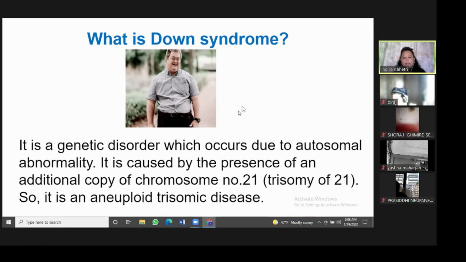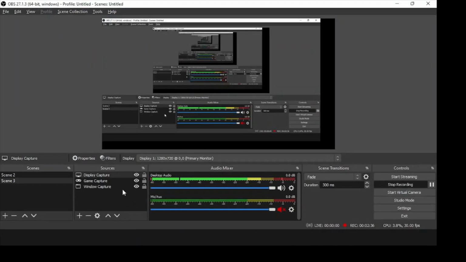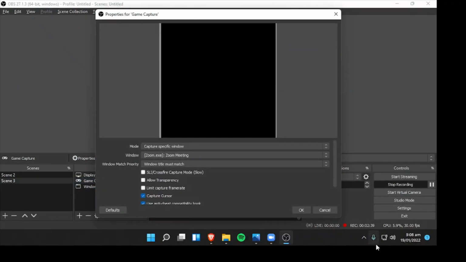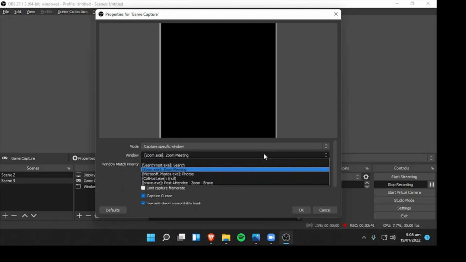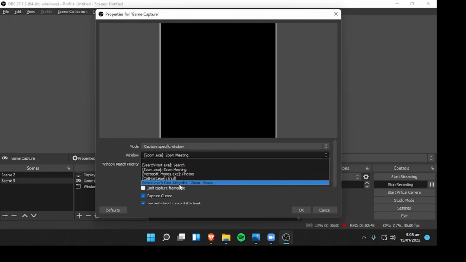So what happens is when the chromosomes have to divide and go into formation of haploid gametes, chromosome number 21 does not separate and both the chromosomes go together in the egg. This results in an extra chromosome 21 coming into the organism. That's why they have a total of 47 chromosomes.